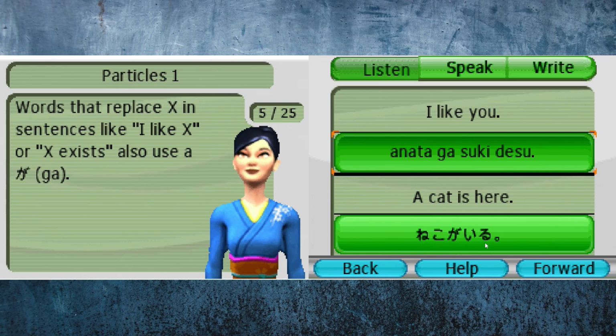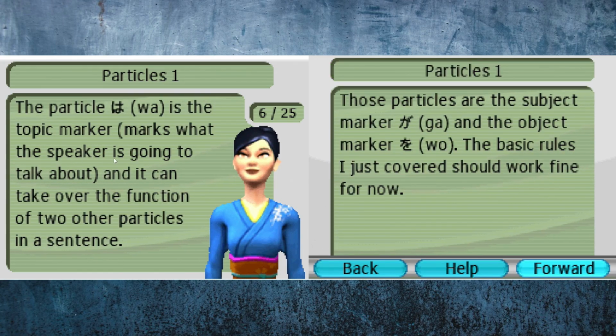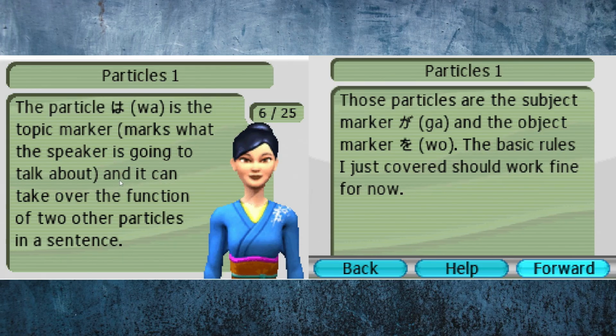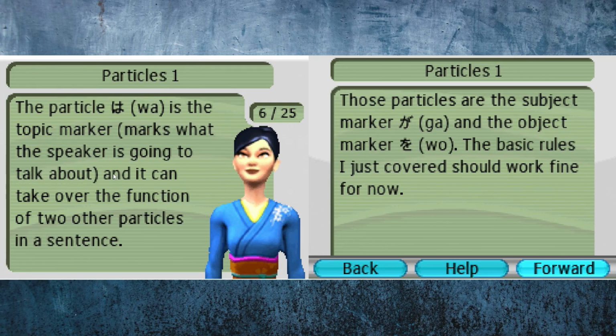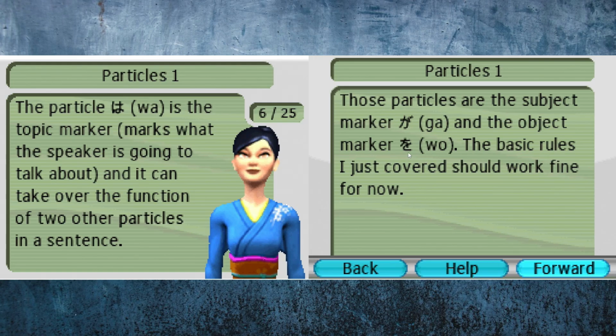So neko ga iru. The particle wa is the topic marker, marks what the speaker is going to talk about, and it can take over the function of 2 other particles in a sentence. Those particles are the subject marker ga and the object marker wo, or it can also be pronounced as o. The basic rules I just covered should work fine for now.